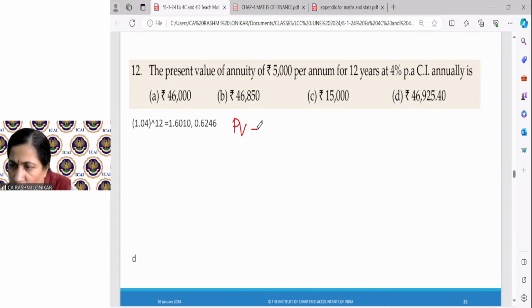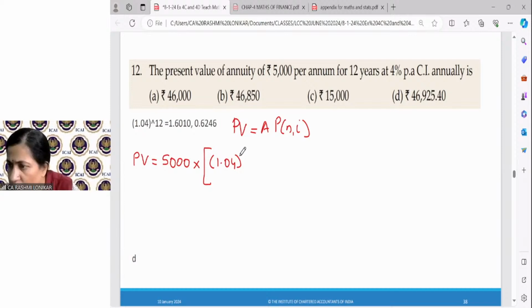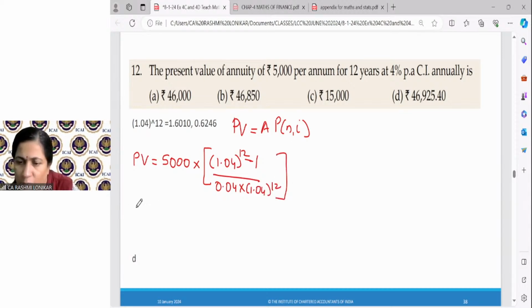Present value of an annuity, which is equal to 5,000 into 1.04 raised to 12 minus 1 upon 0.04 into 1.04 raised to 12. This is a direct question.